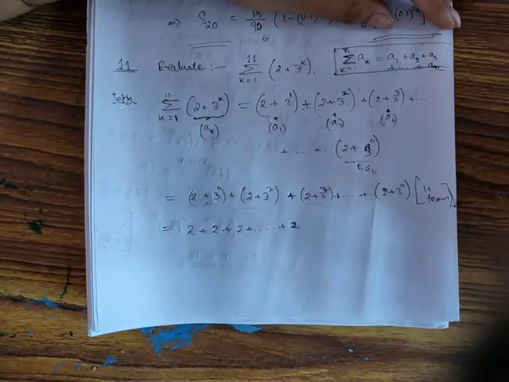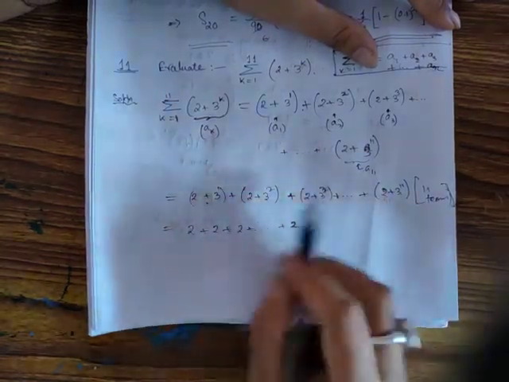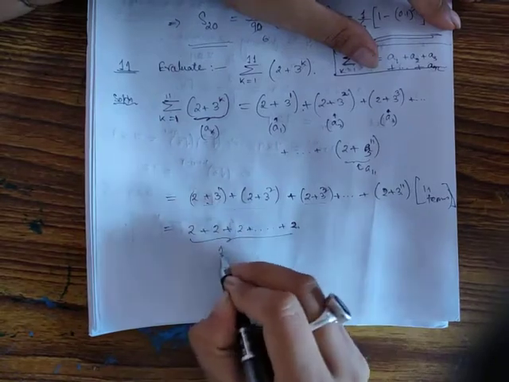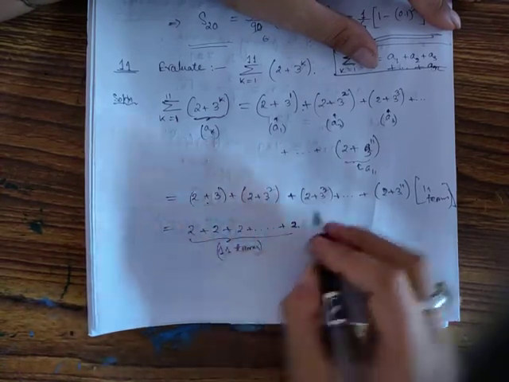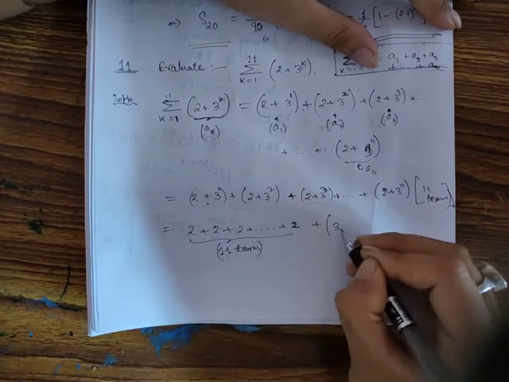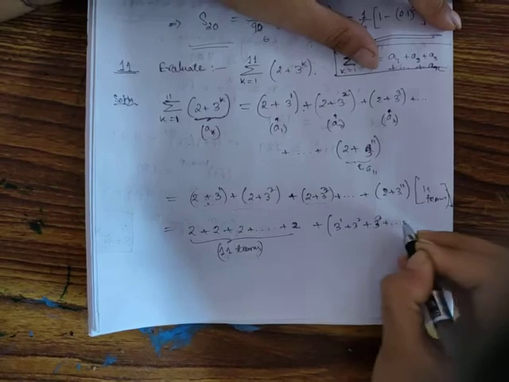So each term has a 2, so how many 2s will we have? 11 2s, plus 3, 3 square, 3 cube, going on to 3 to the power 11.